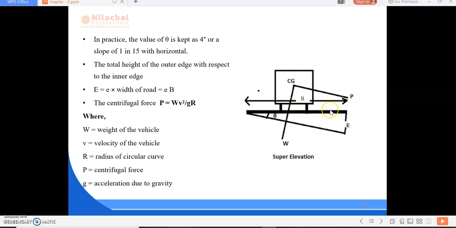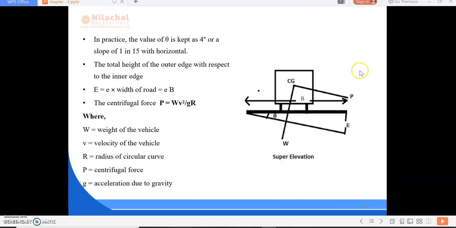This is the centrifugal force acting this way. Centrifugal force P equals WV square by gR, where W is the weight of the vehicle, V is the velocity of the vehicle, R is the radius of the circular curve, P is the centrifugal force, and g is the acceleration due to gravity.